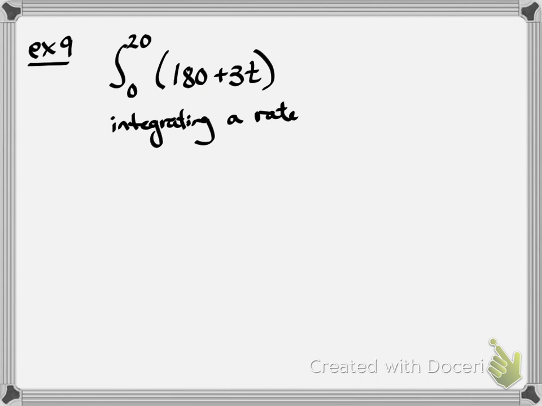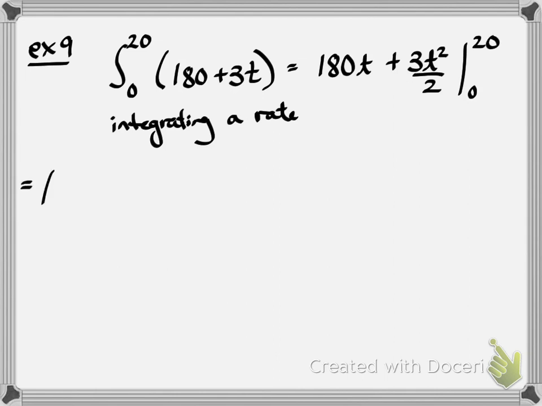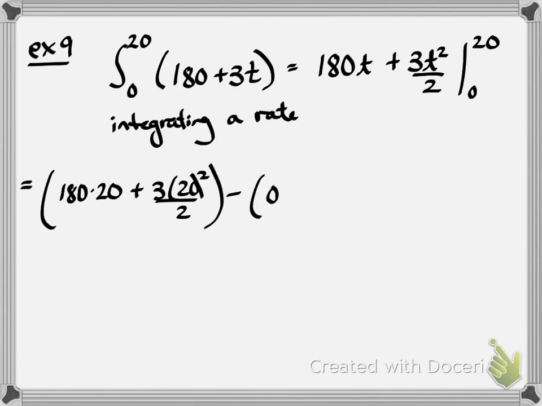So when we integrate a rate, we're just going to integrate this function then. So it's 180t plus 3t squared over 2, and we'll evaluate it from 0 to 20. First, we'll plug in the 20. And then we'll plug in the 0.